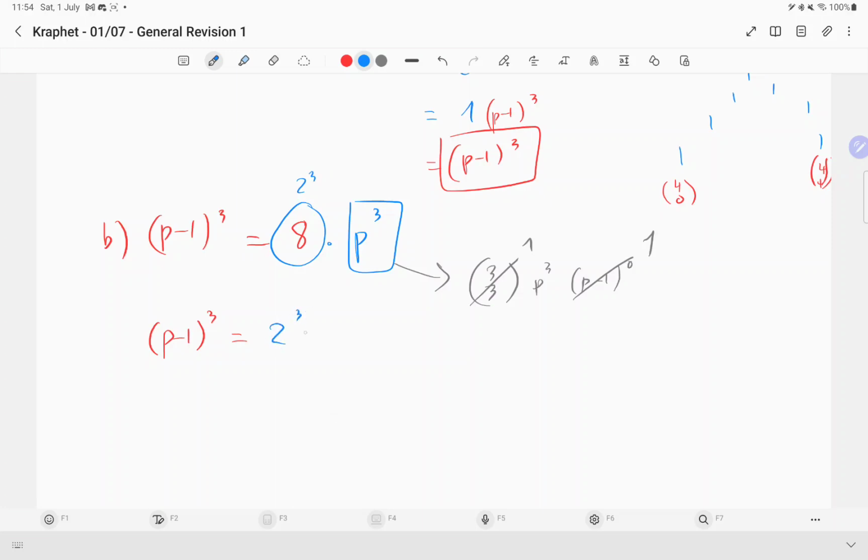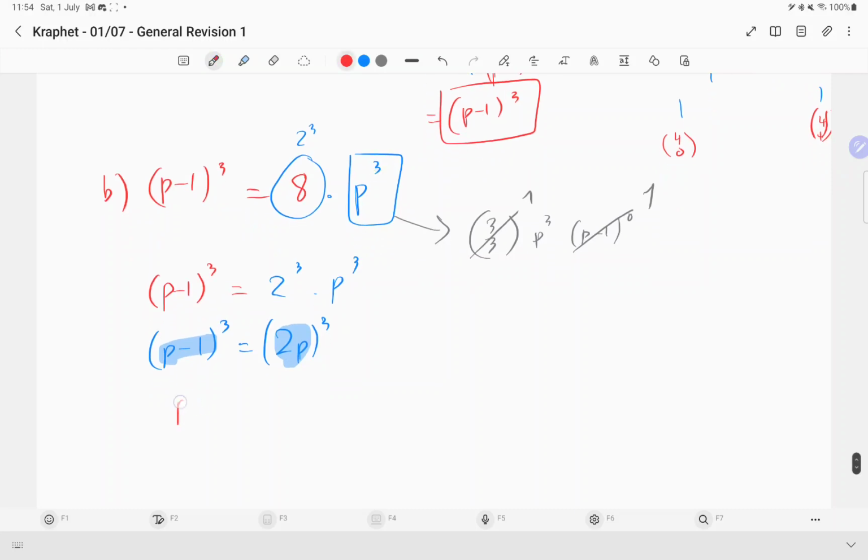Convert that to 2 cubed times p cubed. Now you can just cancel them out, because you get something cubed equals something cubed. That means the two things must be the same. Therefore, the 1 minus p is the same as 2p.